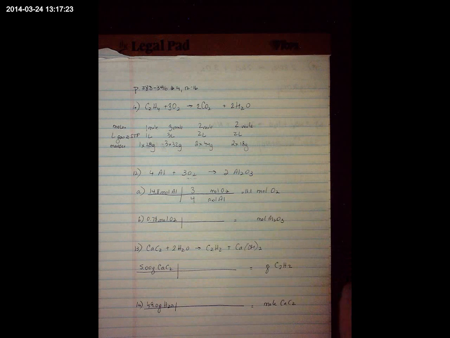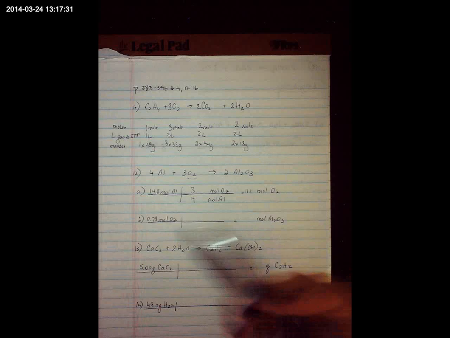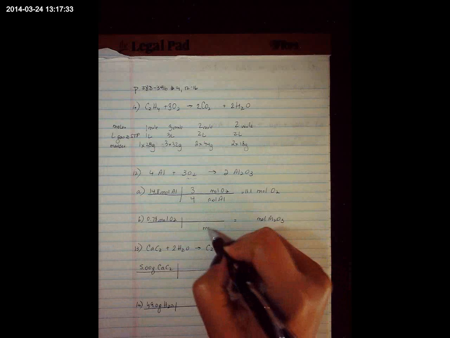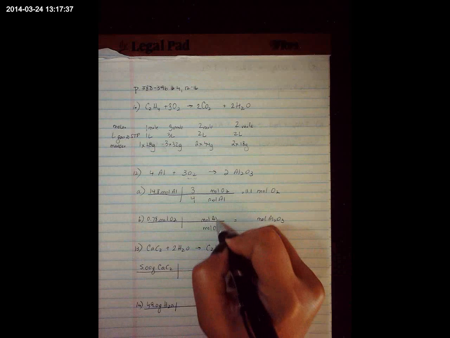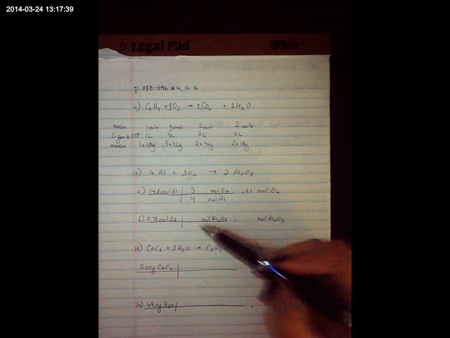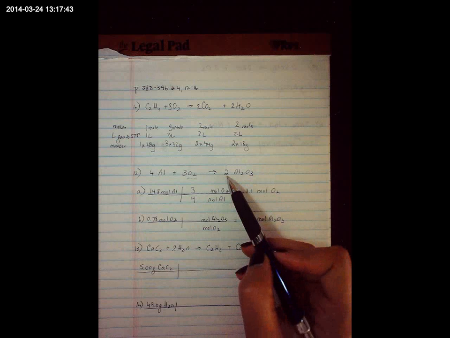So again, if this number in the upper left-hand corner is already in moles, then you're free to use the mole ratio. The mole ratio will have moles of O2 in the denominator and moles of Al2O3 in the numerator. I find the relationship by looking at the coefficients in the balanced chemical equation.